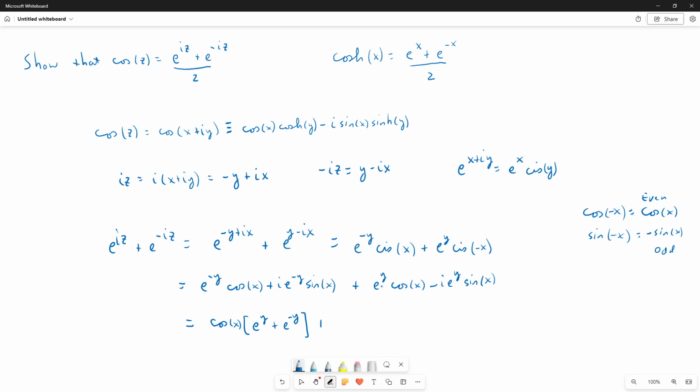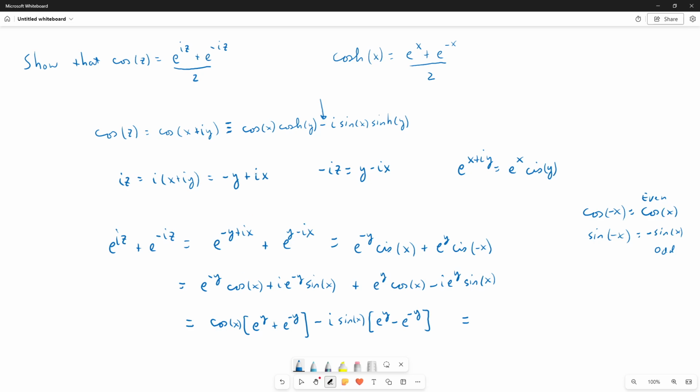I think I want to write a minus because I want it to look like that. So I want this one to be a minus. Minus i times, and then the imaginary part has a sine x. And since I put the minus there, this one will be an e to the y with a plus, and this one will be an e to the minus y with a minus. Okay, and now hopefully we can see it.